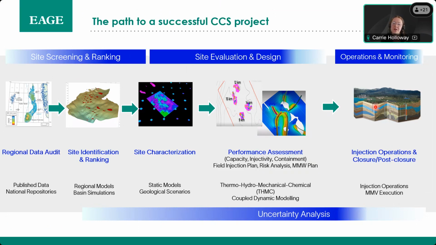So after operations, we'll then move into a post-operational monitoring phase to ensure containment over the next 50 or 100 years. So that depends on the regulations. And eventually into site closure. So that is the path to a successful CCS project.